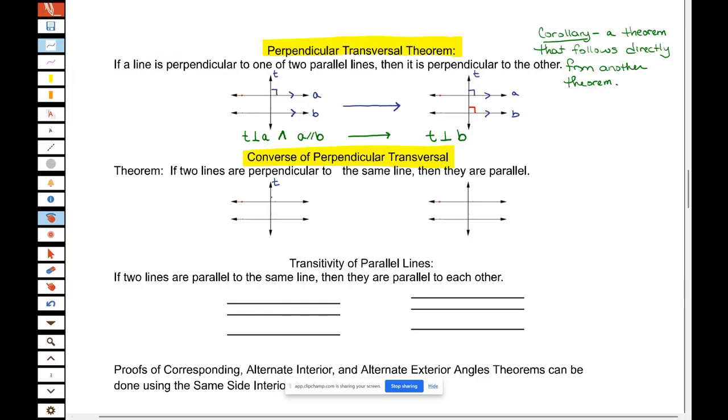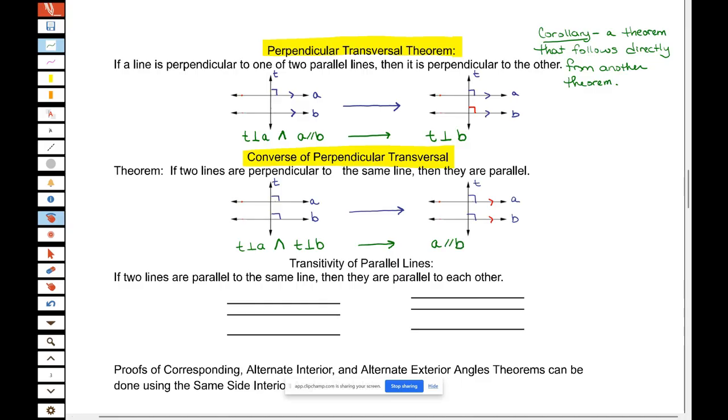So line T is perpendicular to line A and perpendicular to B. So A and B are two lines that are perpendicular to the same line, T. Then we can conclude that A is going to have to be parallel to B because we've got corresponding angles that prove the lines parallel. So T perpendicular to A and T perpendicular to B implies A is parallel to B.